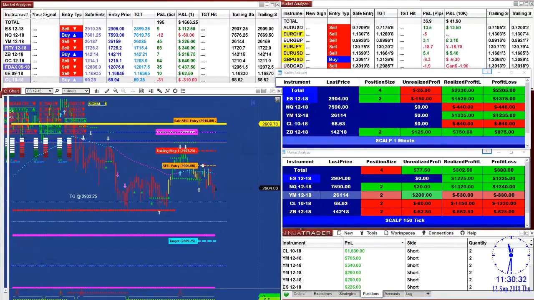CL going south, and we have the Nasdaq going south on the new signal. Okay.